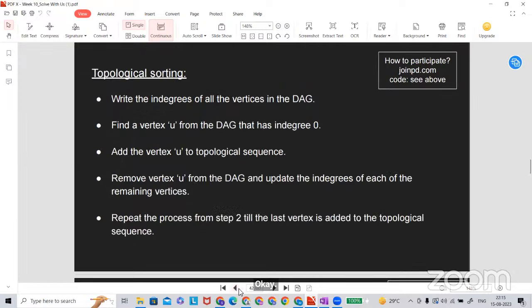Find the vertex U which has 0 in degree, and add it to the topological sequence. Then remove U from the DAG and update.